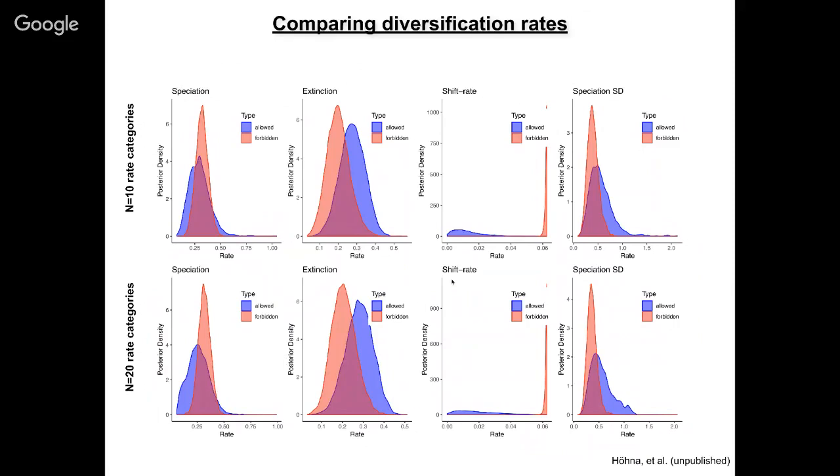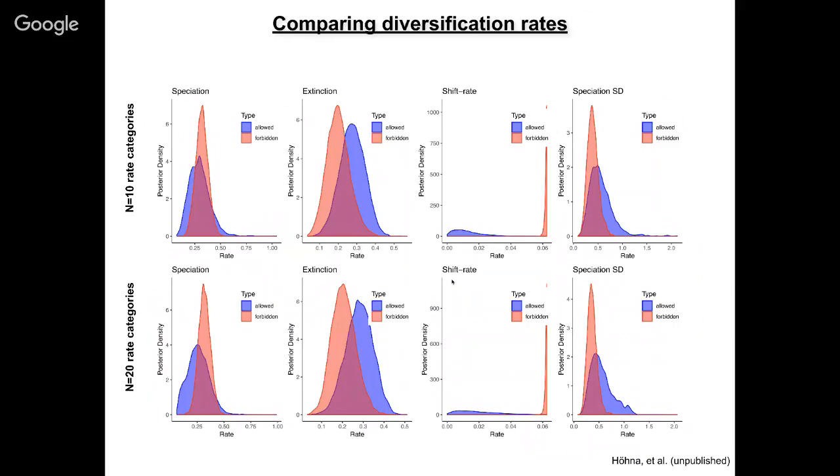But if we don't allow them, so we're basically conditioning on no rate shift having happened at all the extinct lineages, then we can estimate the shift rate to be extremely high. This is really pushing it in this analysis to my prior boundary, where I set the maximum for the prior for the shift rate to 100 rate shifts, so squashing it really to that one side.